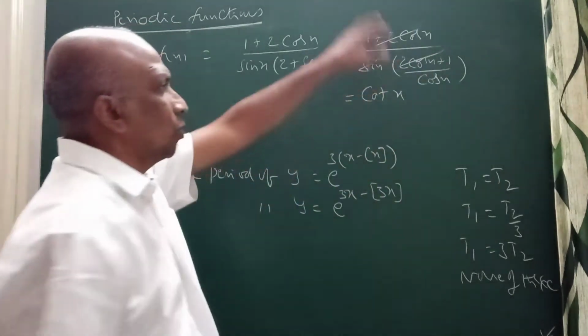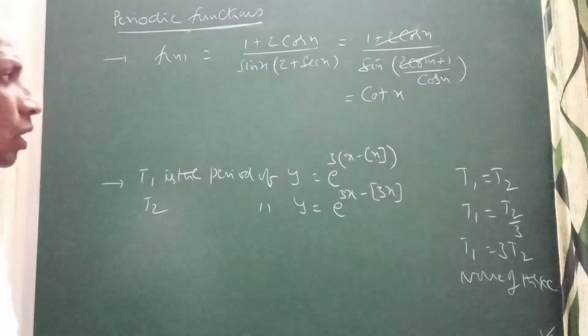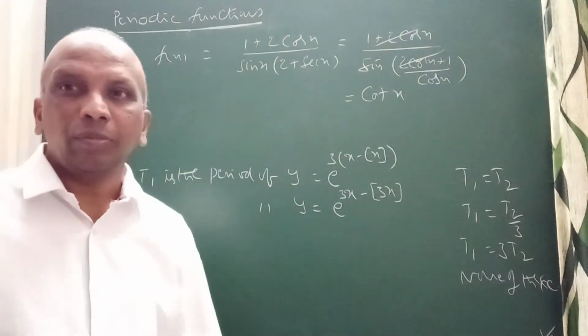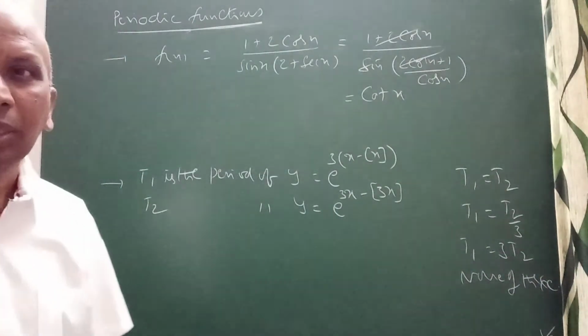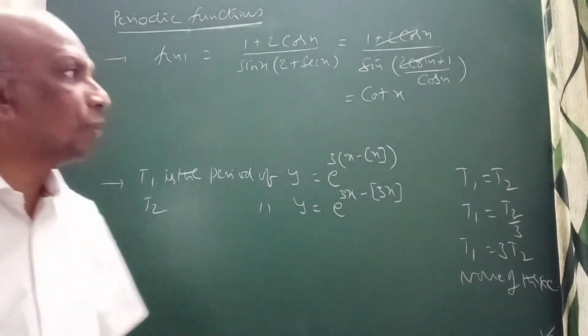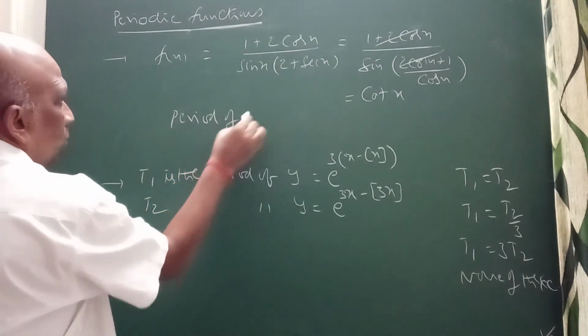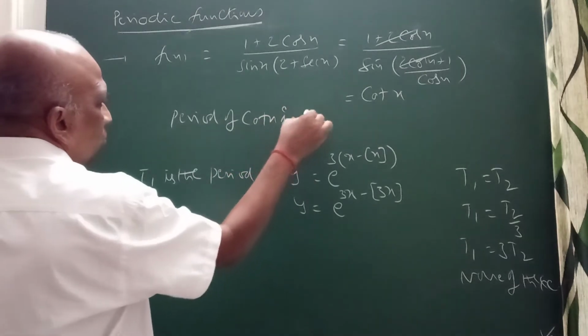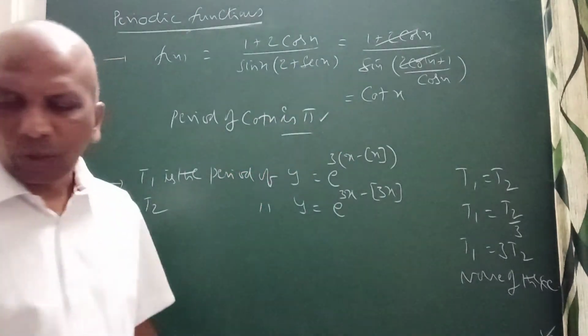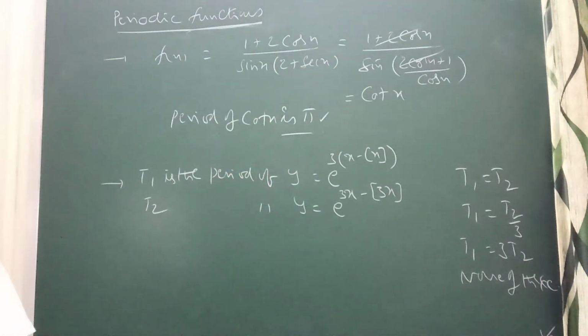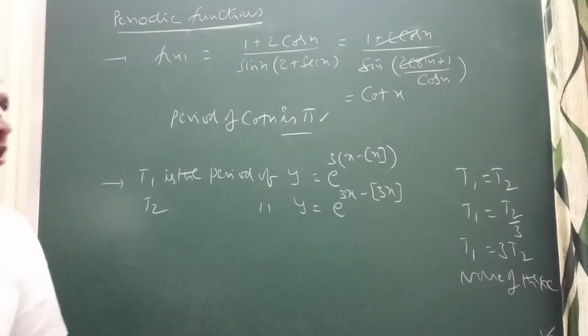Cos by sin, 1 by tan is cot x. So what is the period of cot x? We know the period of cot x is pi. Answer is pi, right? You can consider the answer is pi.